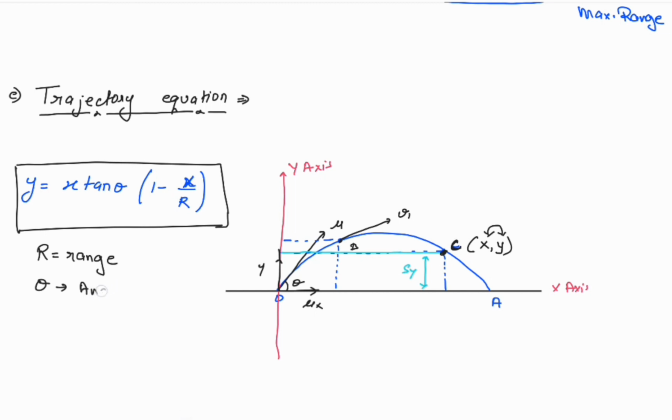For any point, suppose this is a point D, if you want to calculate a relation between the x-axis coordinate and y-axis coordinate, you will use this trajectory equation of the projectile. You need to remember this. It's very easy to derive. If you want, you can check the books, but it is not required. Now we will see the numerical for this topic.